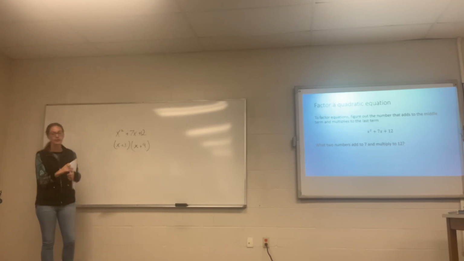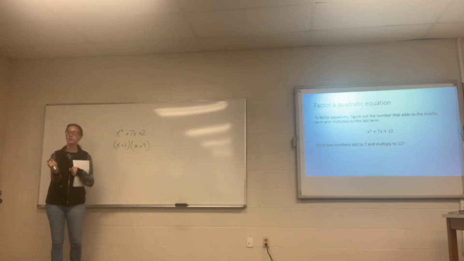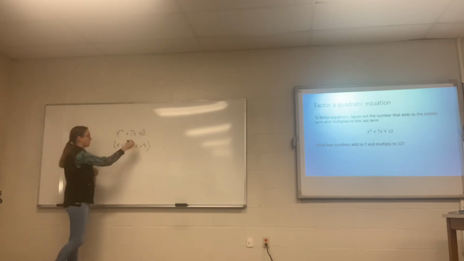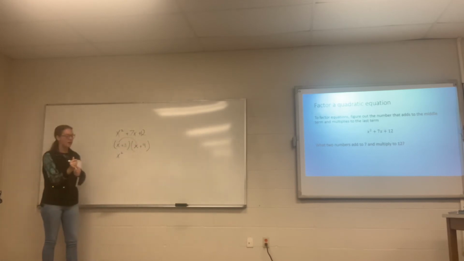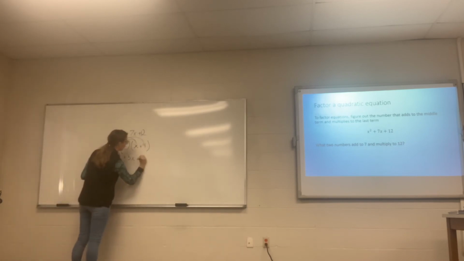So when I say FOIL, remember that's when you multiply your first terms together, your outside, your inside, last. So you multiply everything together. So if I take x times x, I'm going to have x squared. Now 3 times x is going to give me 3x. Then x times 4 gives me 4x.